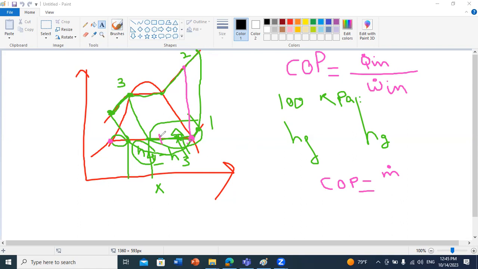So it's H1 minus H4 over m dot times W dot N, which is between points 1 and 2. So it's H2 minus H1. So now all we have to do is replace our enthalpies, and the m dot will cancel out. We can calculate the COP.